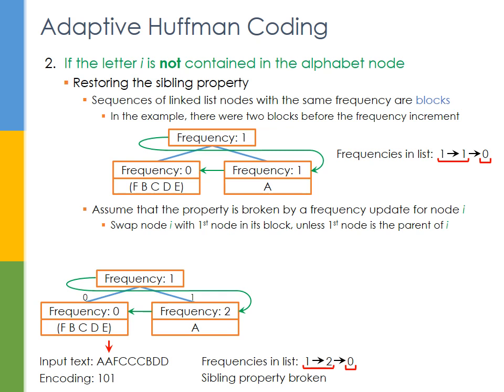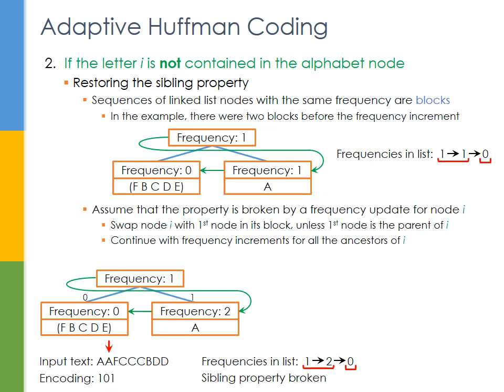So we move on to the next part of the correction operation, where we continue with frequency increments for all of the ancestors of I. I being the leaf node that contains the letter A, we need to update the frequency for its parent node over here. That frequency is the cumulative frequency, of course, for its two children.